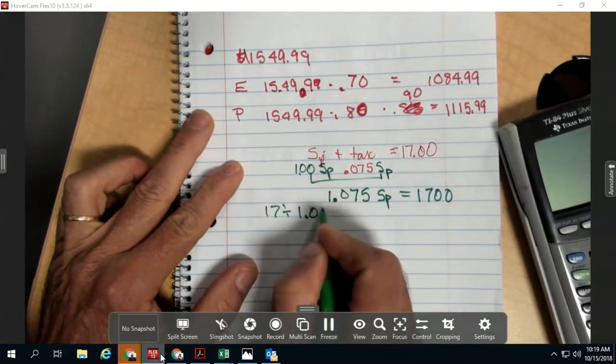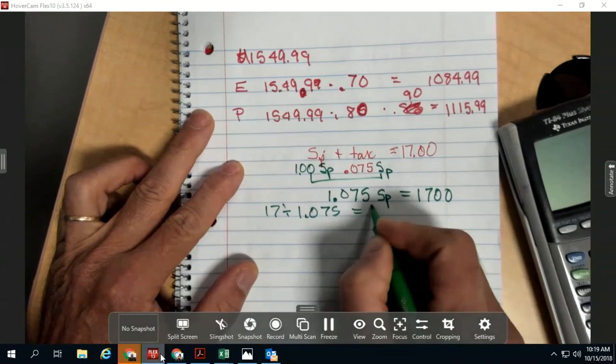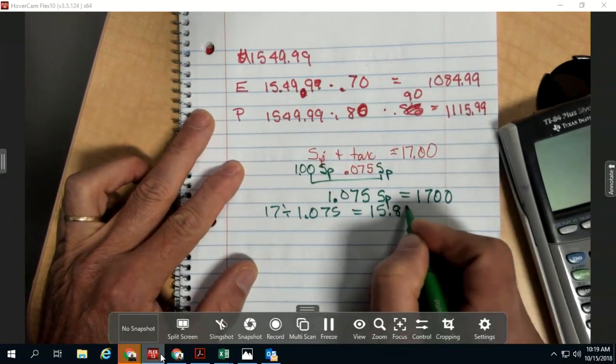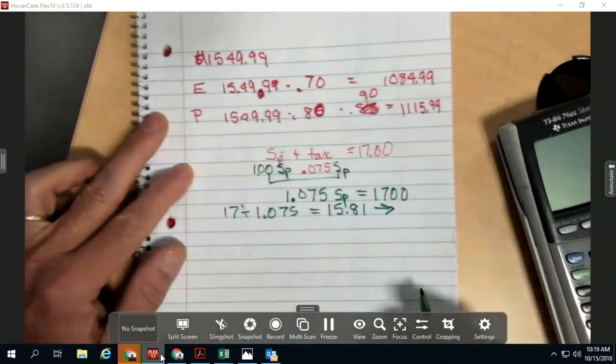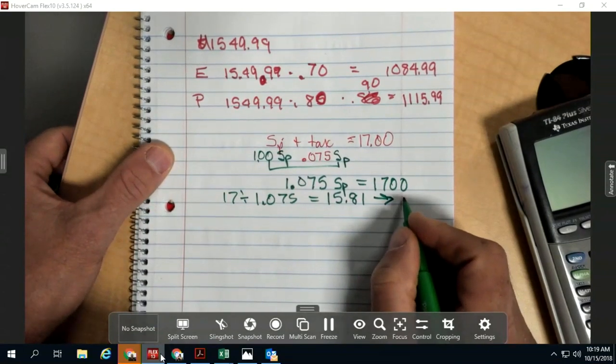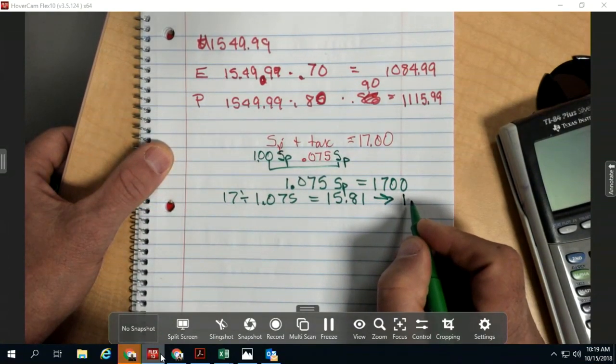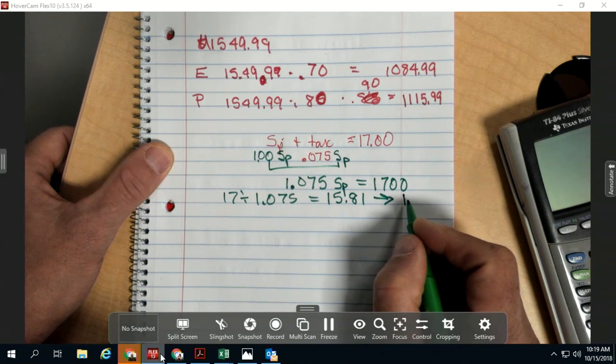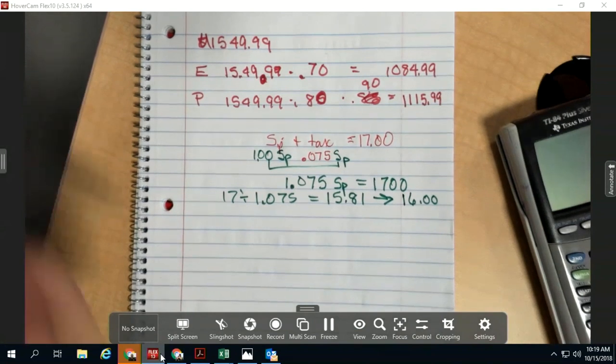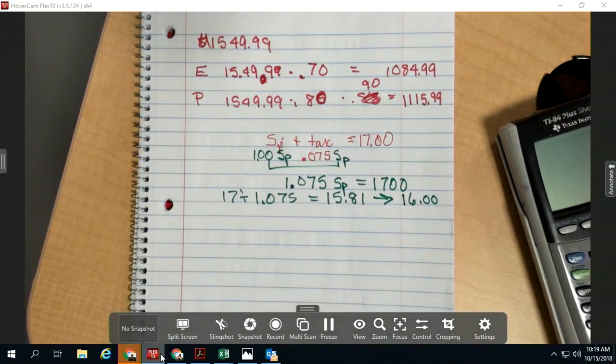And then what would you write as the price for that first one? Oh, you have to round up. You have to round up to $16. Okay, so do your problem and see what you get. Check with the people at your table so that we make sure that we are getting the right answers. Go.